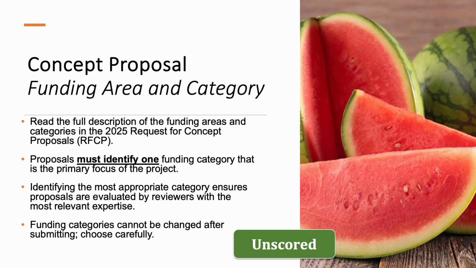It is important to note that funding categories cannot be changed at any time after the concept proposal application is submitted, which means misidentified proposal applications cannot be reassigned. Therefore, it is vital to select carefully so that your proposal will be evaluated adequately. This question is unscored.